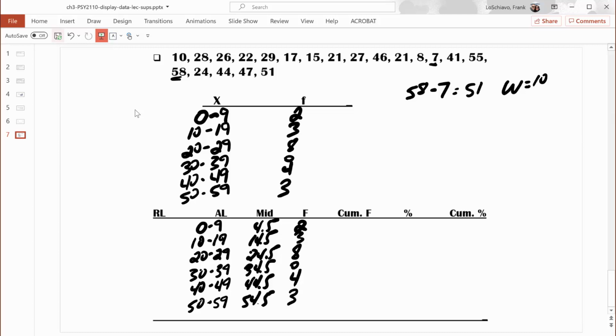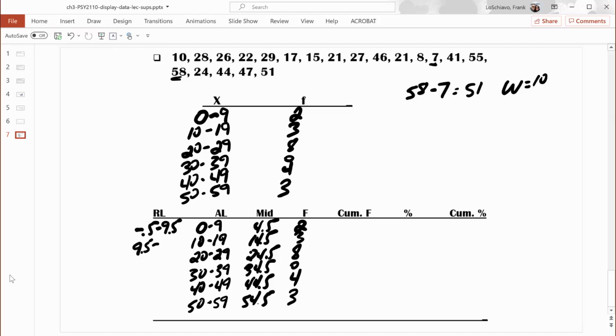The upper real limit is based on the upper value of that interval. So what's the point between 9 and 10? That would be 9.5. So our real limits for that first interval extend from negative 0.5 all the way to 9.5. Let's look at the real limits for the next interval. That interval begins at 10. To the left of 10, halfway between 10 and 9, we would have 9.5.